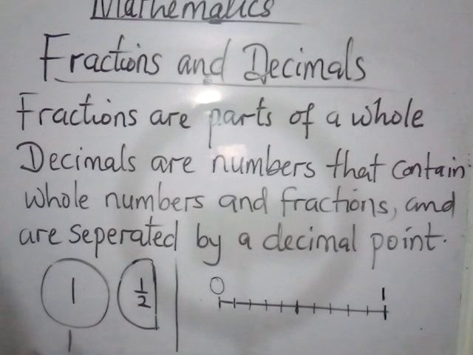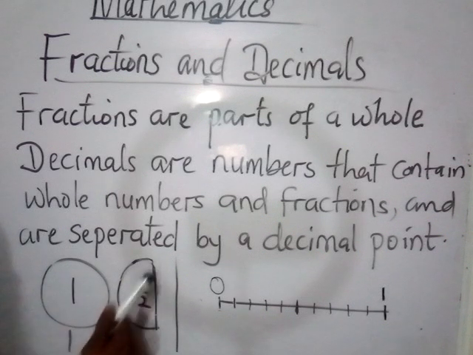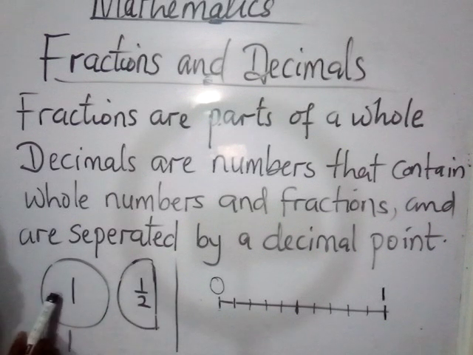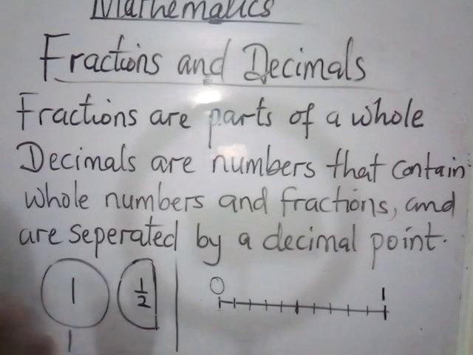Okay, so let's quickly take a look at what we have right here on the board. Let's take this to be a full pizza, and then this is half of this pizza. You can see we already looked at fractions before, and this is how half is represented. One part out of two parts. How did we arrive at two parts?